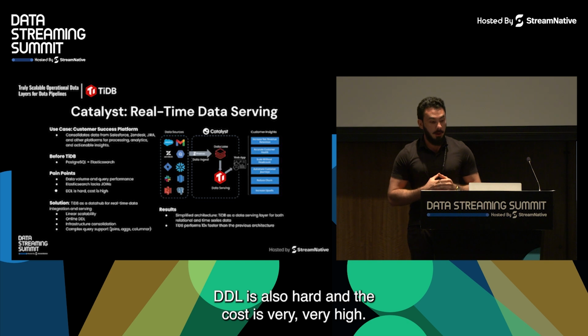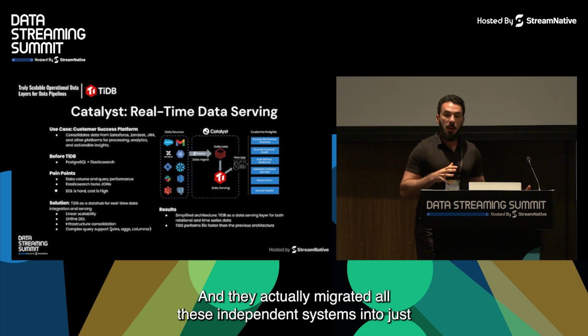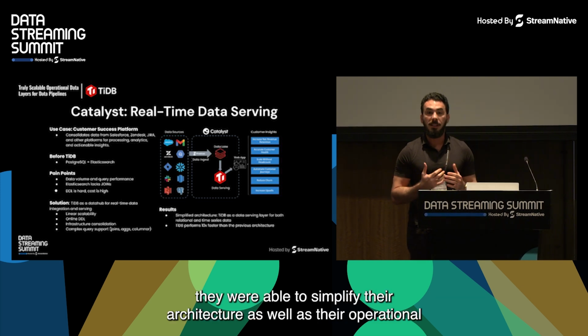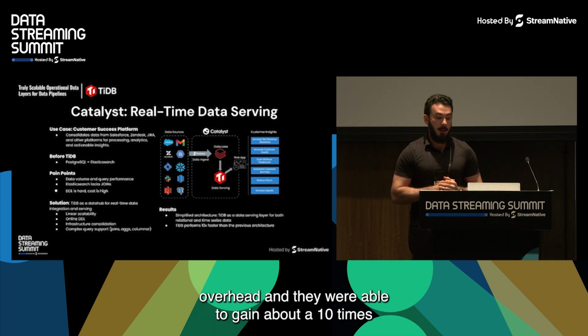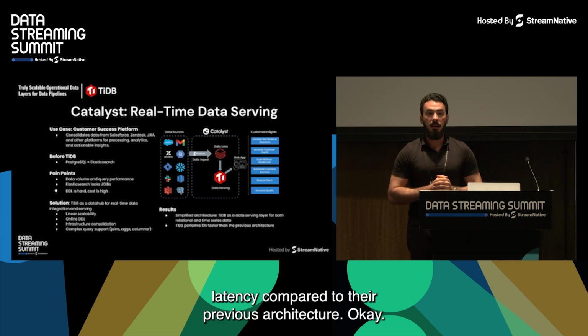DDL is also hard, and the cost is very high. They migrated all these independent systems into just Tangibly, and with this, they were able to simplify their architecture as well as their operational overhead. And they gained about a 10 times faster latency compared to their previous architecture.